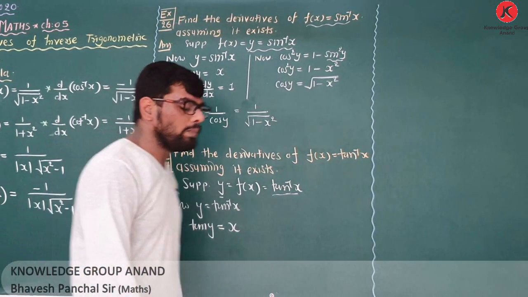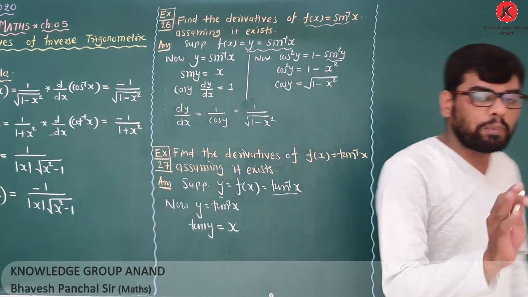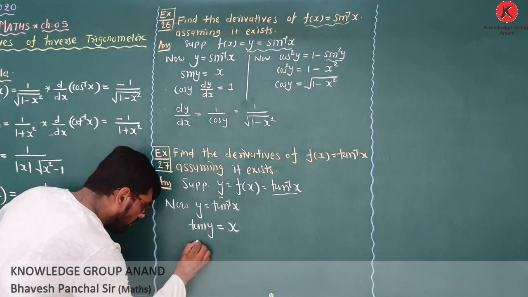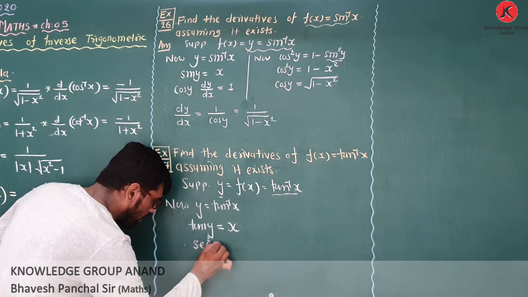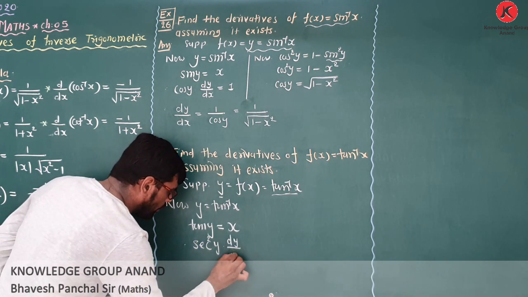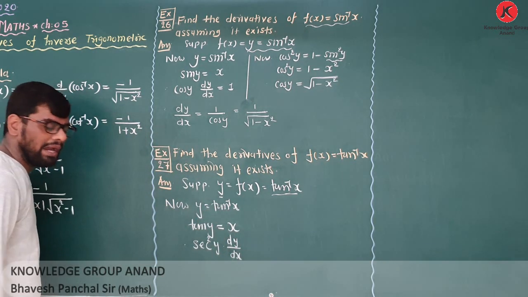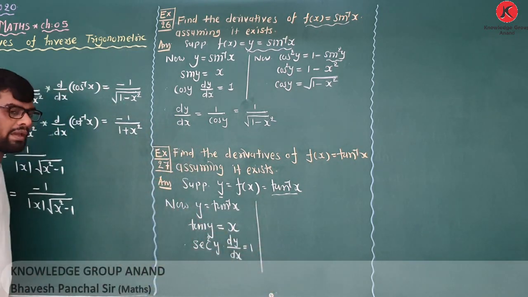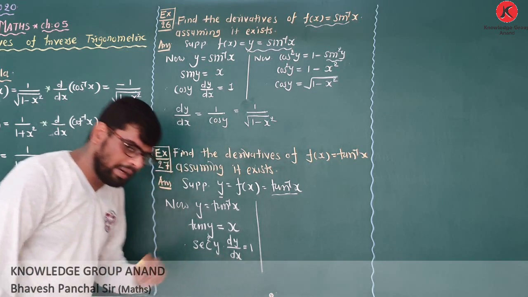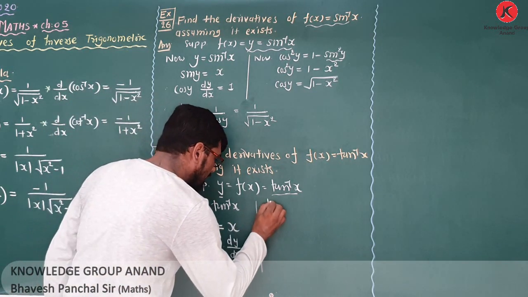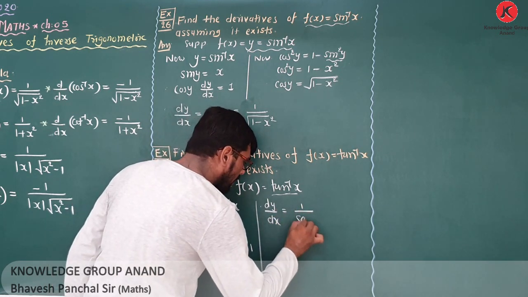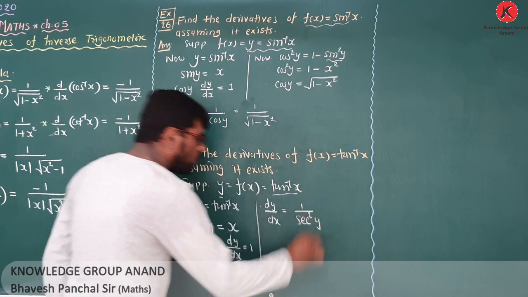Now derivative of this function with respect to x. Derivative of tan function is sec square y into derivative of y with respect to x, that is dy by dx, equal to derivative of x, which is 1. Now sec square y take in denominator, then dy by dx equal to 1 upon sec square y.